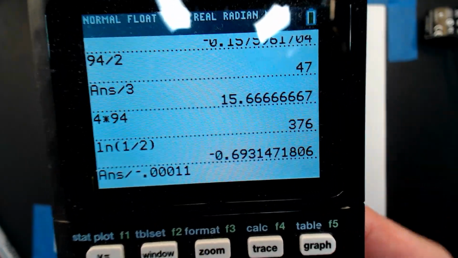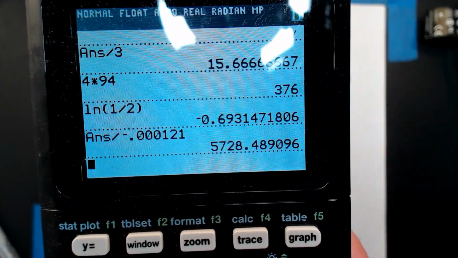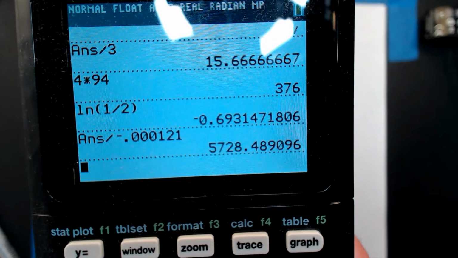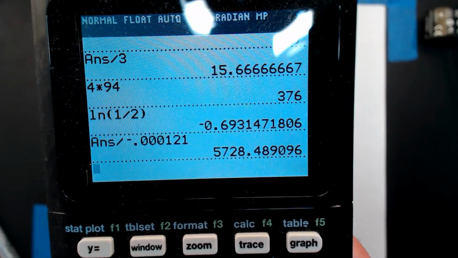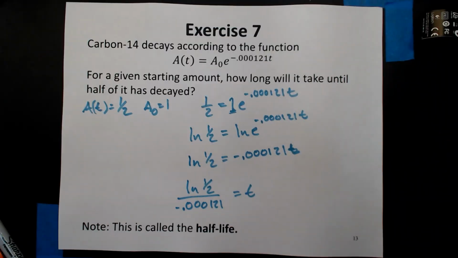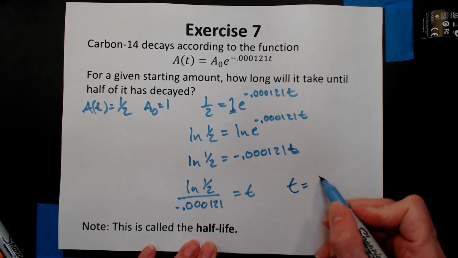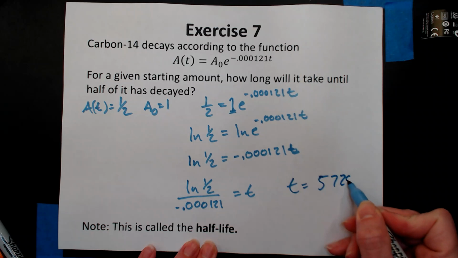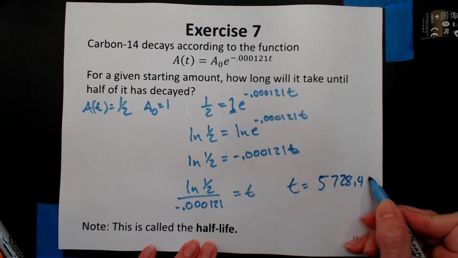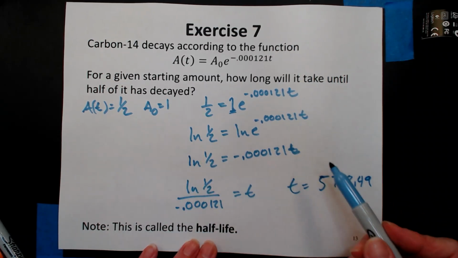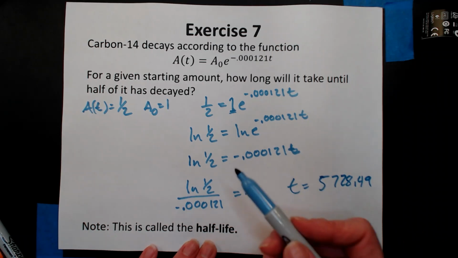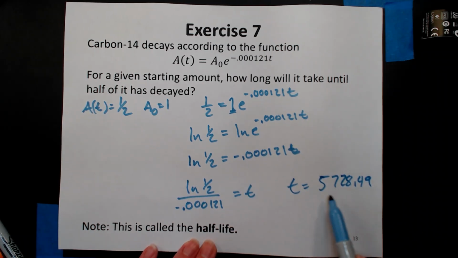Oops, I messed up. We get roughly 5,728.48, so that means t is equal to 5,728.4, and you can round that to 9, and then they'll probably want you to round to the nearest year, if you can do that.